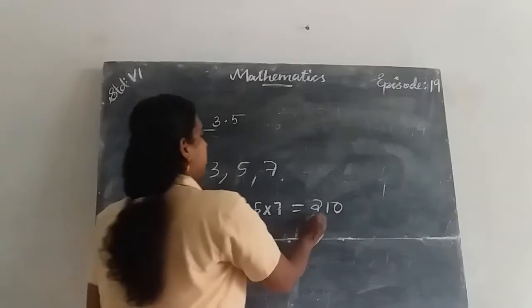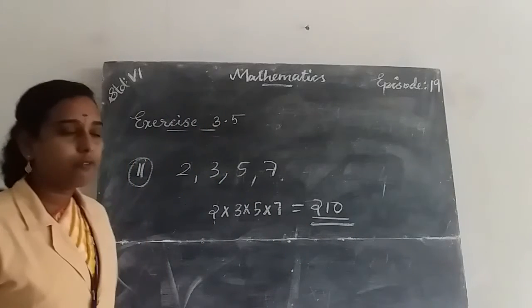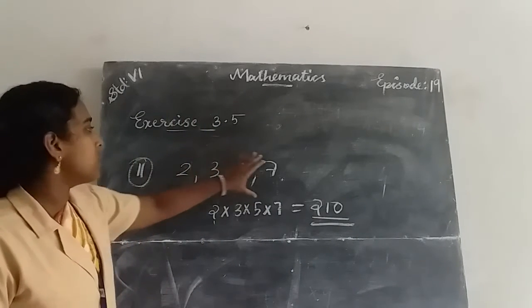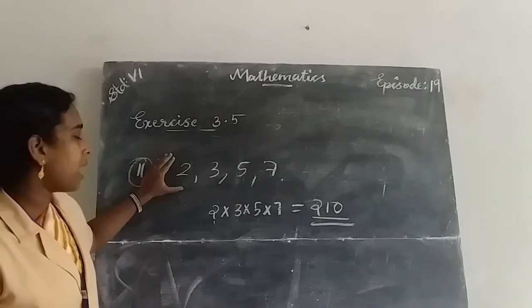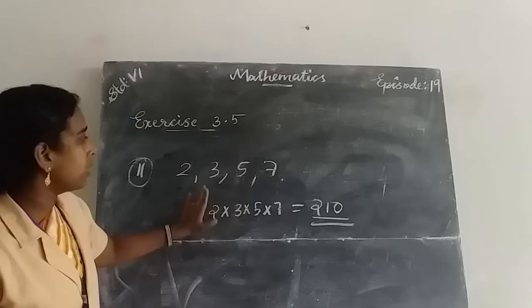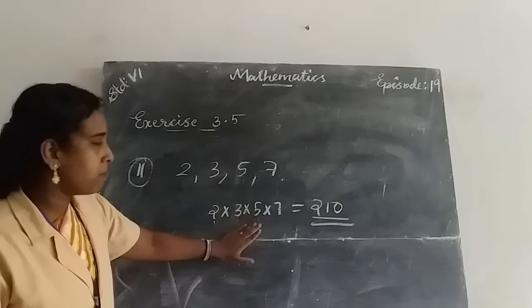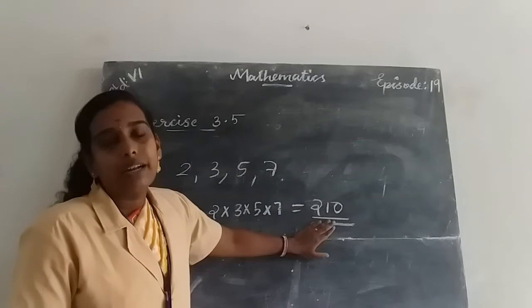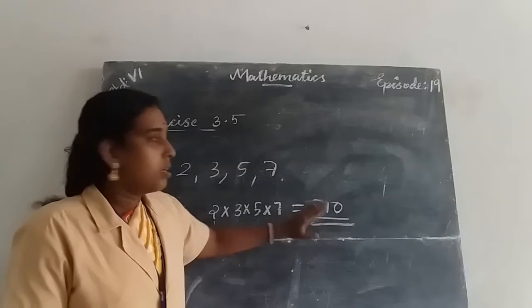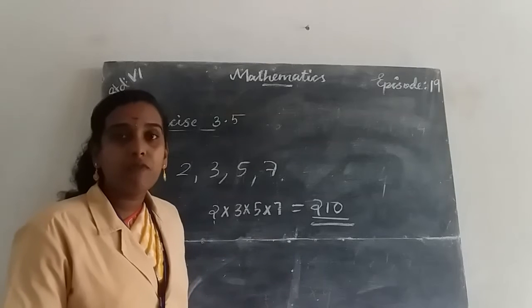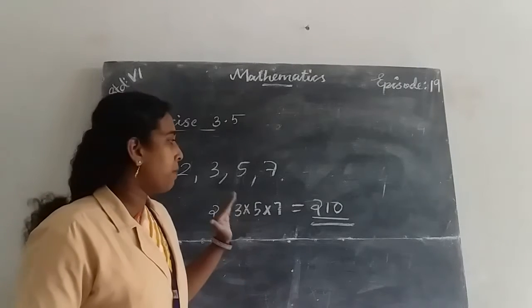So the answer is 210. For finding that, we first take the first 4 prime numbers, then we take the product of the first 4 prime numbers, then we get the smallest number having 4 different prime factors, okay?